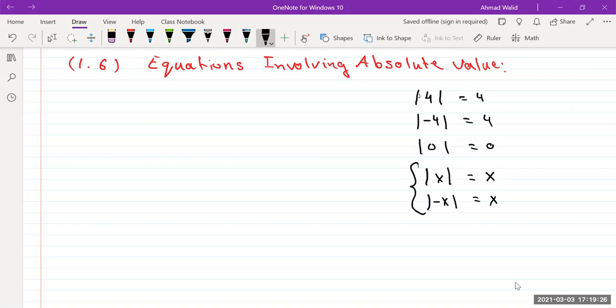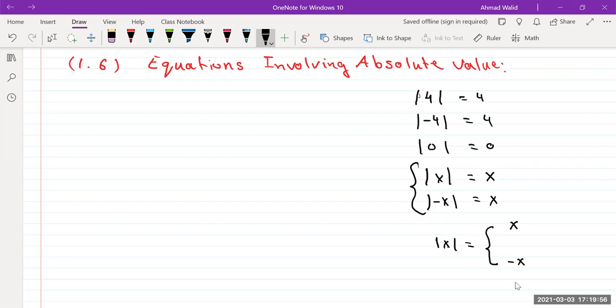This part is important. In some books, they write the absolute value of x as a piecewise function: the absolute value of x gives you x, or it gives you negative x, right?